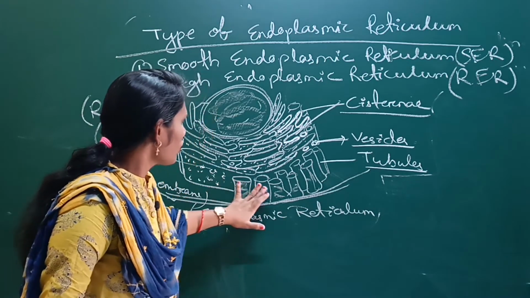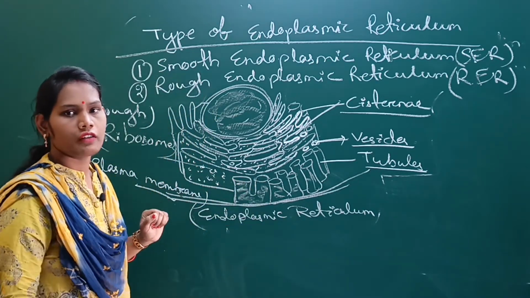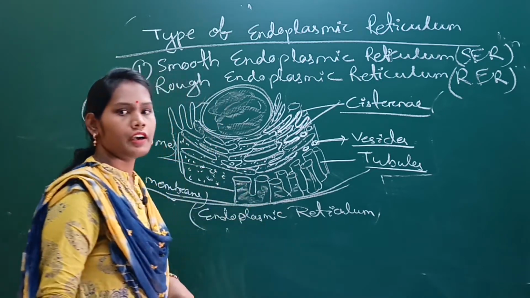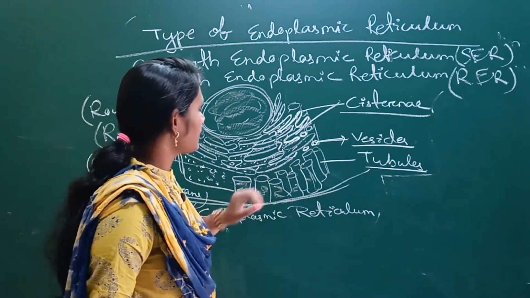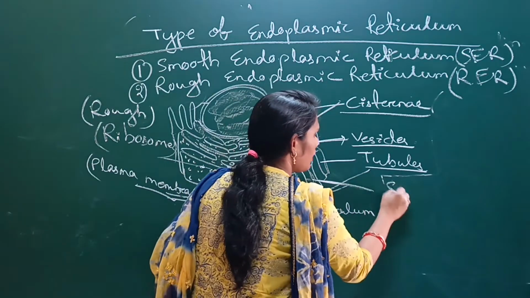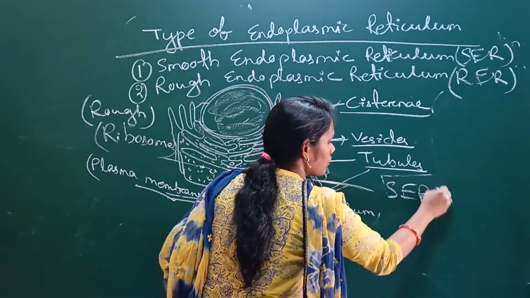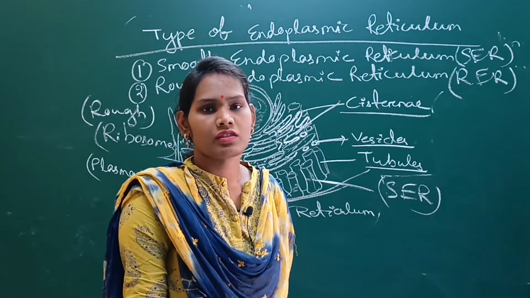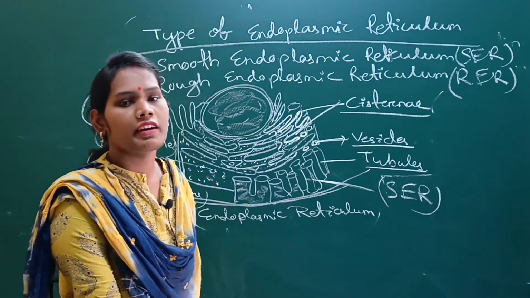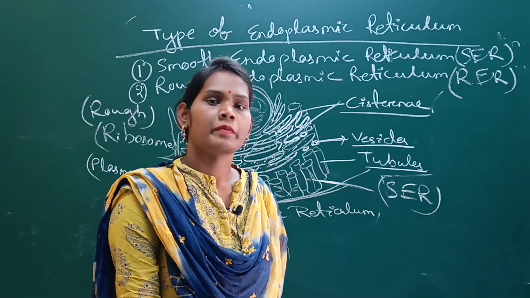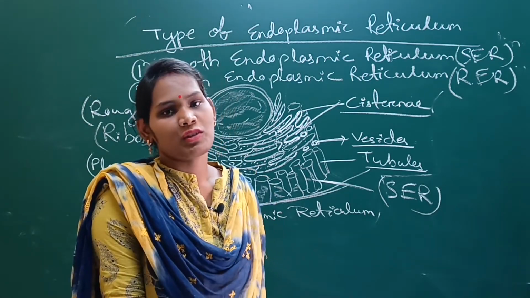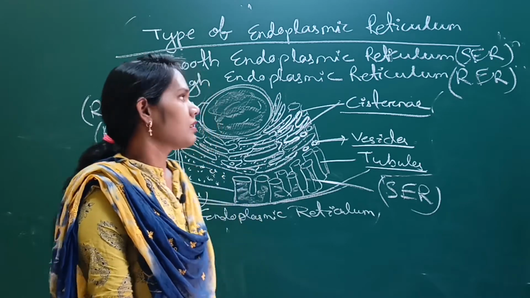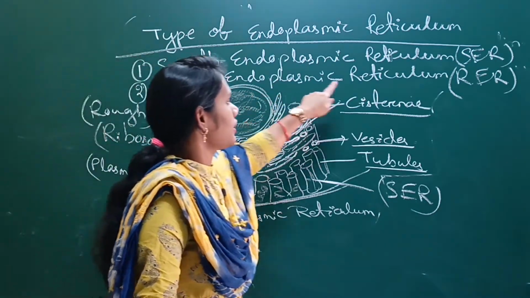If there is no ribosome on the surface of endoplasmic reticulum, and it mainly contains tubular structures, this type of endoplasmic reticulum is called smooth endoplasmic reticulum. Due to the absence of ribosomes, it gives the appearance of a smooth surface. So that's why it is called smooth endoplasmic reticulum. So if ribosome is present on the surface, it is called rough endoplasmic reticulum.